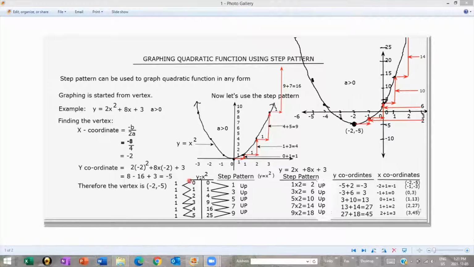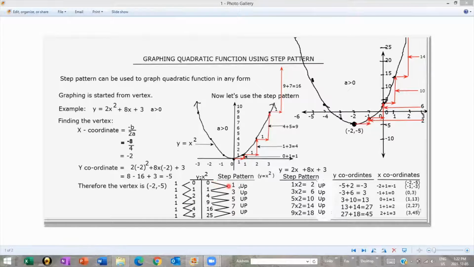So how do we do the steps? We should learn what the step pattern is. For that, I use the graph y equals x squared, the basic step pattern. If you draw the t-chart of y equals x squared, it looks like this. When x is 0, y is 0; 1, 1; 2, 2 squared, 4; 3 squared, 9; likewise.